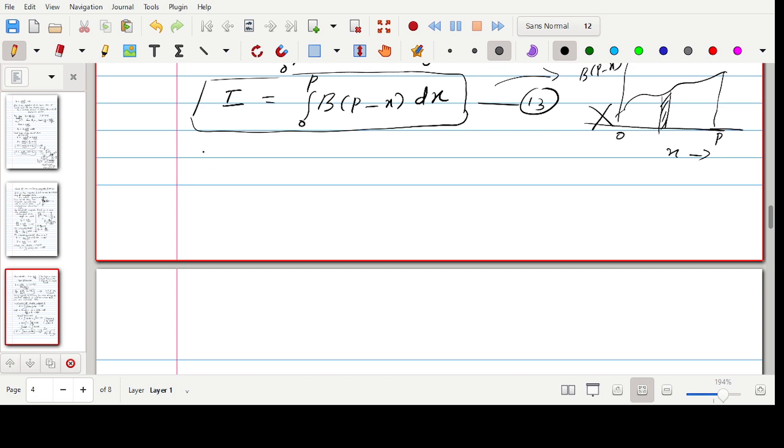Since the error is large when you do it like this, we will assume that the magnetic field at a distance x, b as a function of x, is equal to the average value of b plus the error of b.